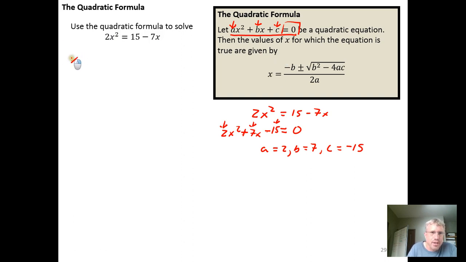So we'll start off x equals, and then it's just a matter of loading the formula: the opposite of b. So if b is 7, the opposite of 7 is negative 7. And then we get our plus or minus from right here, and then we get the square root, and we need to take b, which was 7, and square it. And then we need to subtract 4 times a times c.